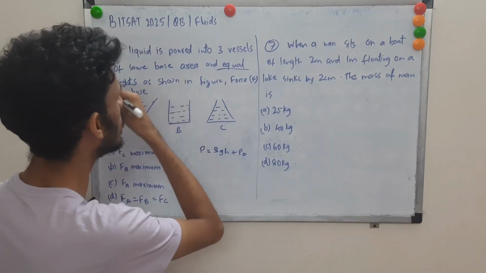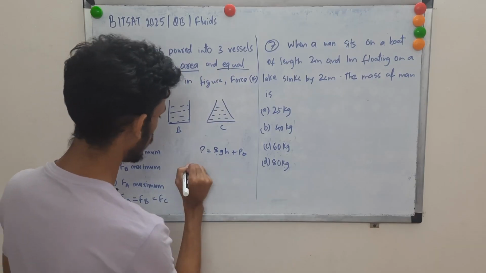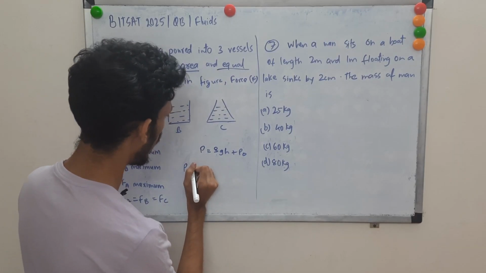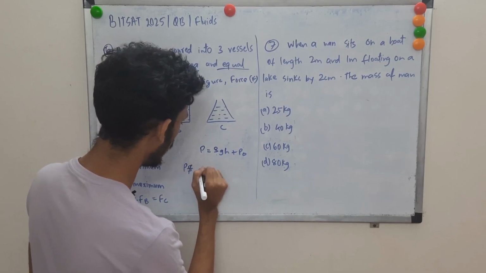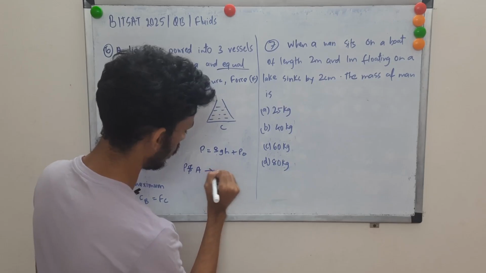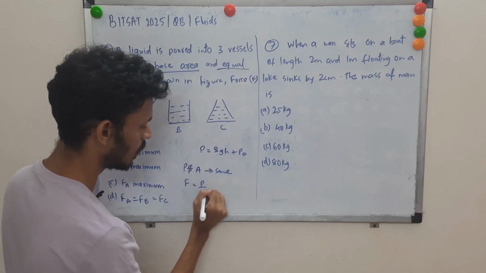And we are also given some additional information that the base area is the same. So P and A are the same. Okay, so what about the force? Force is pressure times area.